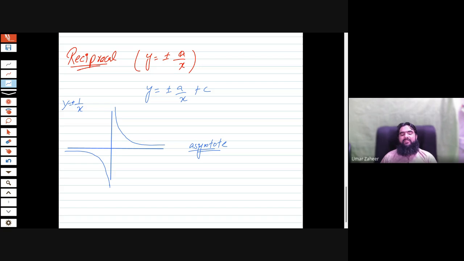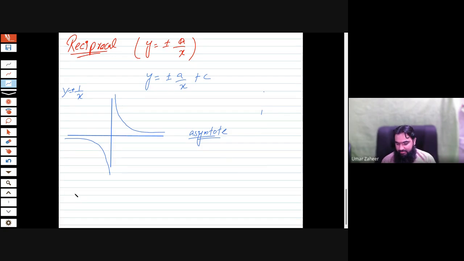We have done the asymptote in the trigonometric graph as well. When we have to make a graph for the tan, we have to make a line, and we have to say that it is going to be closer to the line, but it will never touch it. And such a line is known as an asymptote line. If it is positive, the graph is going to look like this.